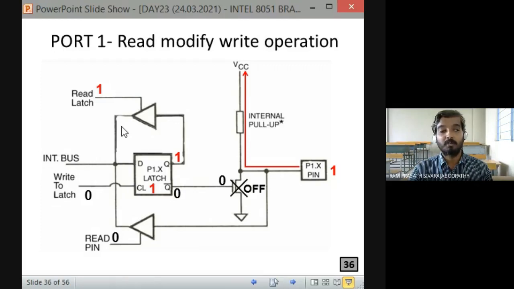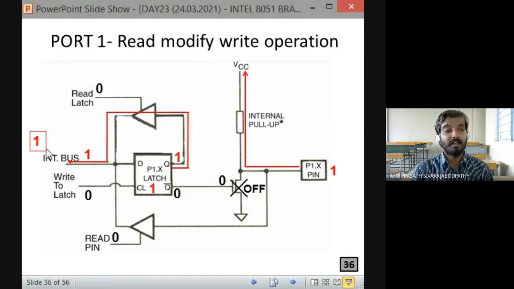So what about the output from the buffer? It is going to be 1 only. So the latch status has gone to the internal bus. Fine. This then gets stored in some memory. 1 is stored. Now the read latch is disabled. That's the scenario for now.